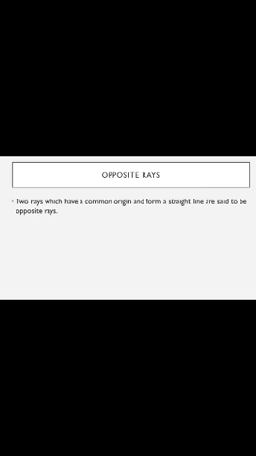If the measurement of A is 70 degrees, then its complement will be 90 minus 70, that is 20 degrees. The complement of A is 20 degrees, so the supplement of that is 180 minus 20, which is equal to 160 degrees. In this way you need to find out.